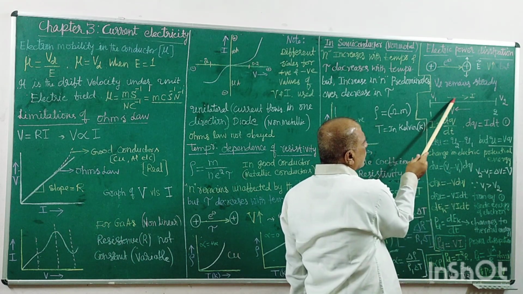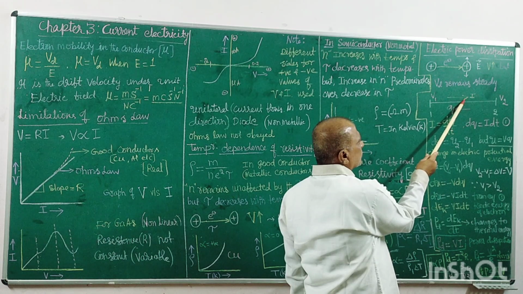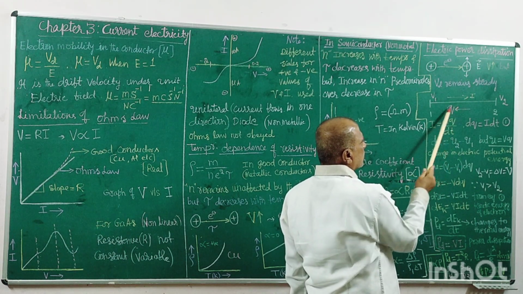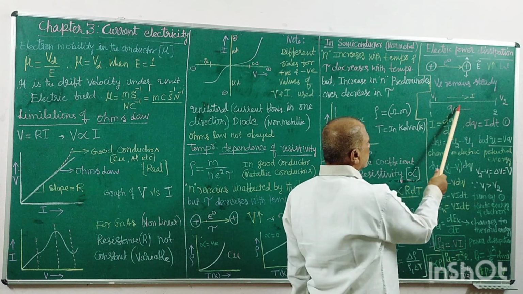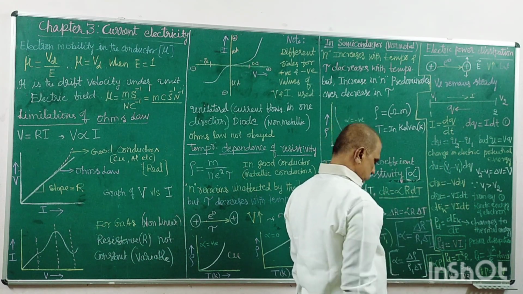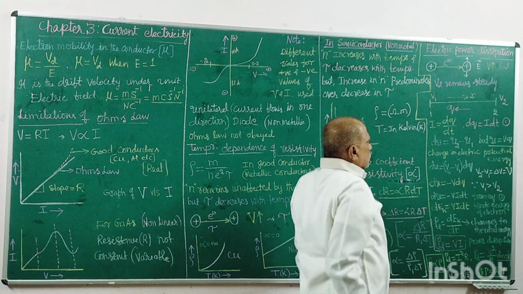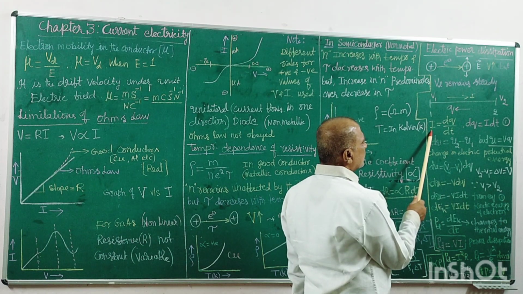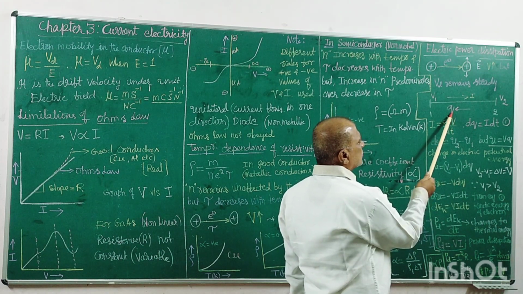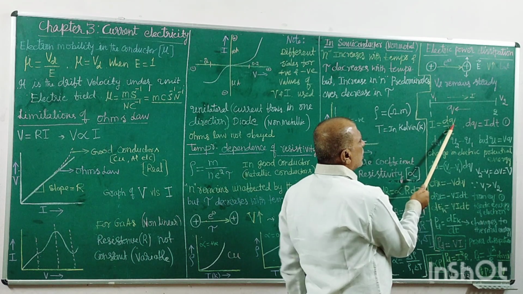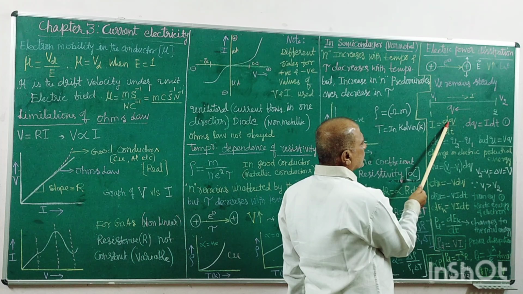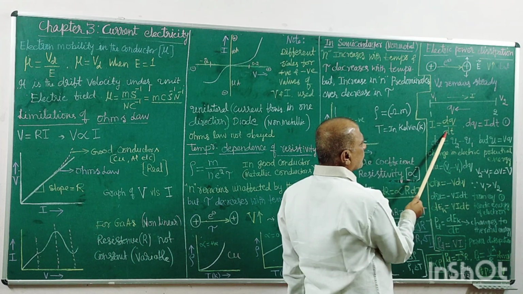If this is the direction of flow of current, what is the direction of charge flow? The charge carriers are electrons, so the direction is opposite: electrons are flowing in this direction. Current is defined as the transfer of charge, the rate of flow of charge with time, that is I equals dq by dt.